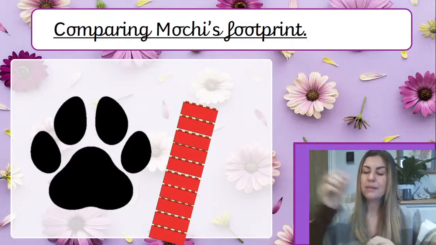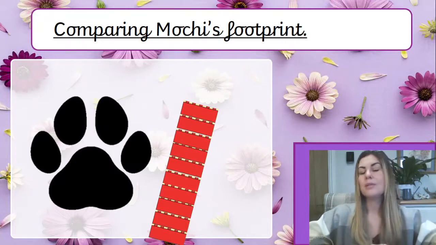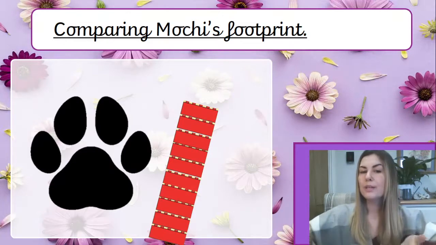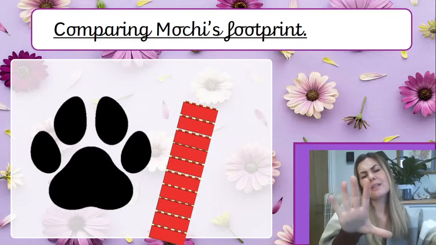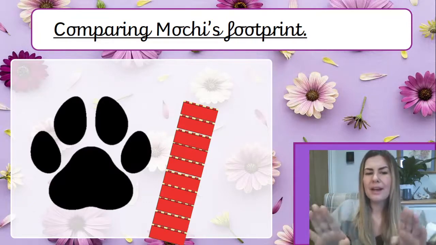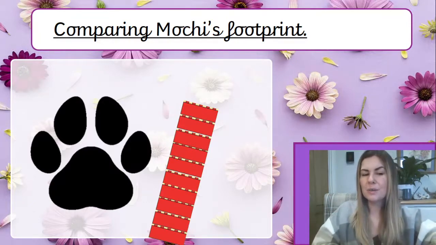I put some Lego into some bricks and I put it next to Mochi's foot. Which do you think is the longest? Now well done if you're not sure, because this is really tricky. It's really tricky to compare them because the Lego is kind of at an angle and I can't see them clearly next to each other.